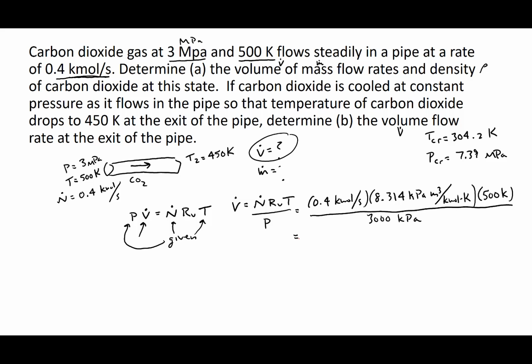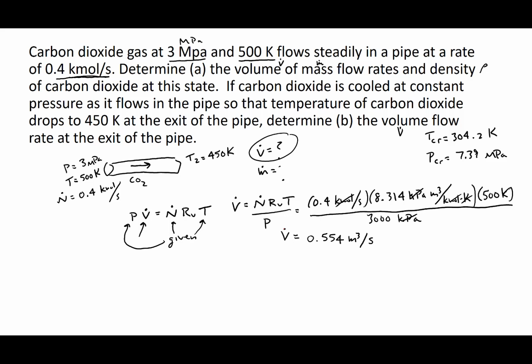So now let's cancel some units. The kilopascals cancel, kilomoles cancel, Kelvin cancels, so we're left with meters cubed per second. So this is equal to 0.554 meters cubed per second. So the volumetric flow rate is equal to 0.554 meters cubed per second.